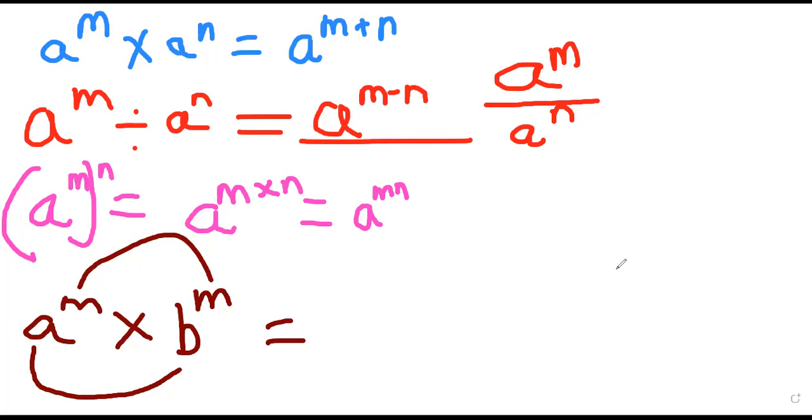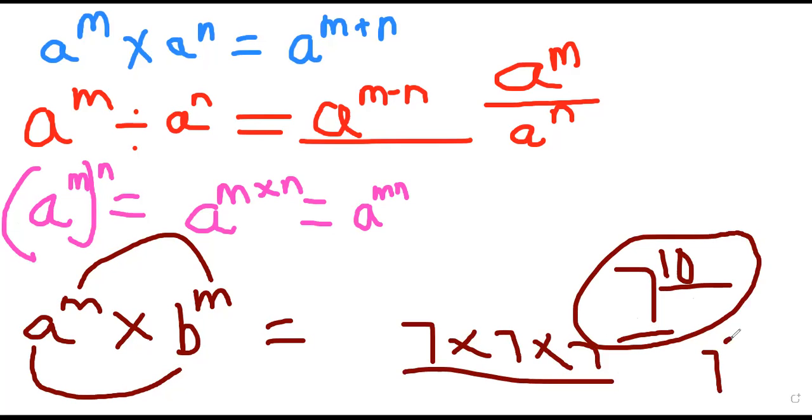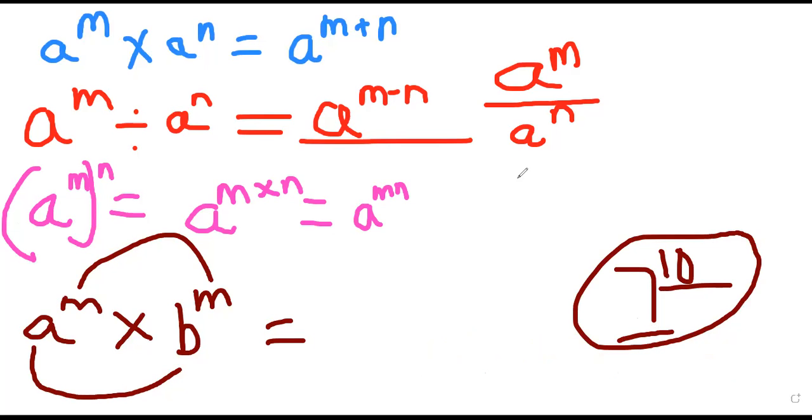In 7 to the power 10, 7 is the base and 10 is the exponent. Remember this, it's very important. This is in the form of power notation. So now your question is 7 into 7 into 7. The power notation of this is 7 cube. As simple as that.